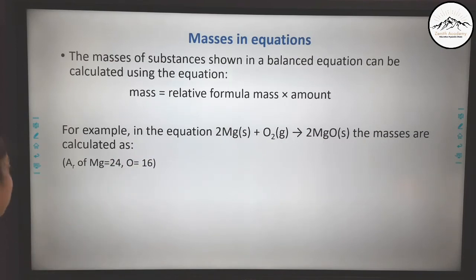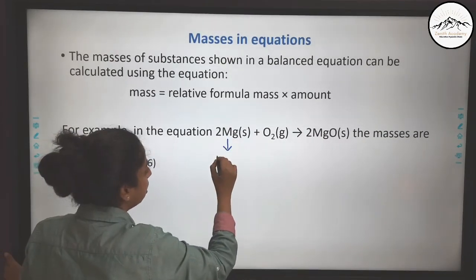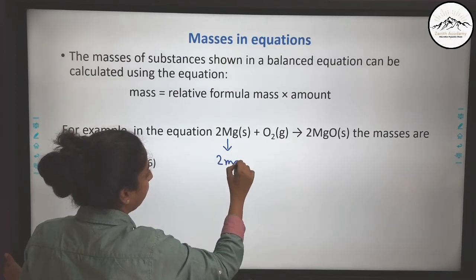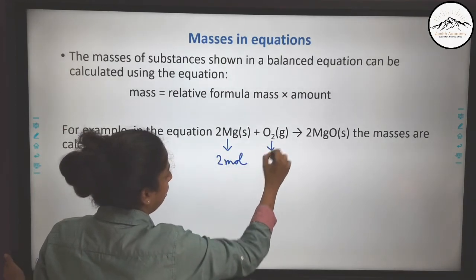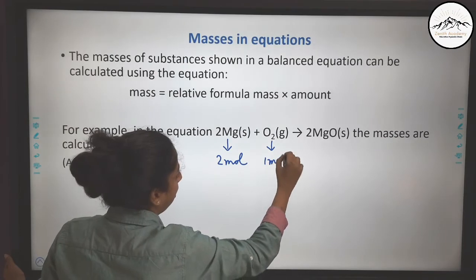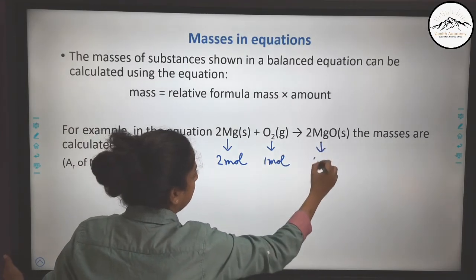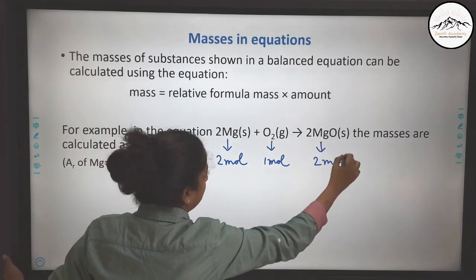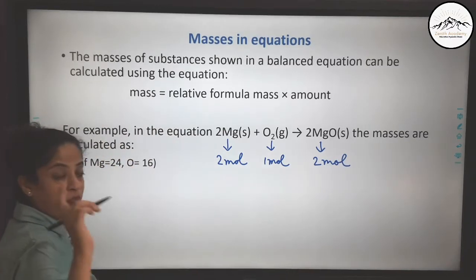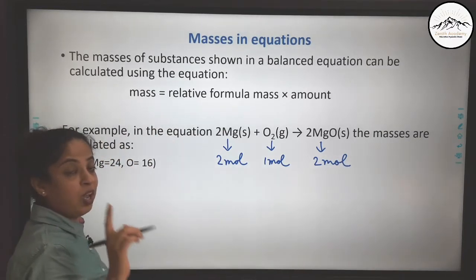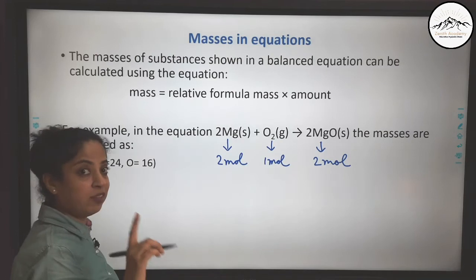Now how do we calculate masses? Let's see. This is how many moles? 2 moles. This is 1 mole and this is again 2 moles. Right? Now we know 1 mole corresponds to relative atomic mass or relative molecular mass.